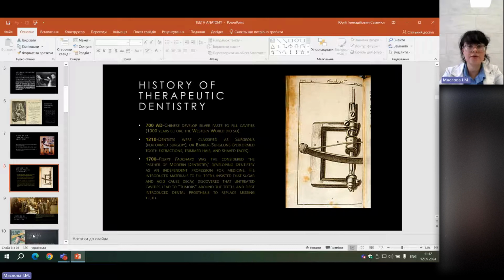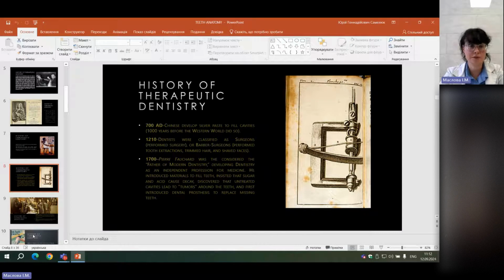In the Middle Ages, dentists were classified as surgeons, performed surgery or barber surgery, performed tooth extraction, trimmed hair, and shaved faces. 1700, Pierre Fauchard, considered the father of modern dentistry. According to that time, development of dentistry was an independent profession from medicine.